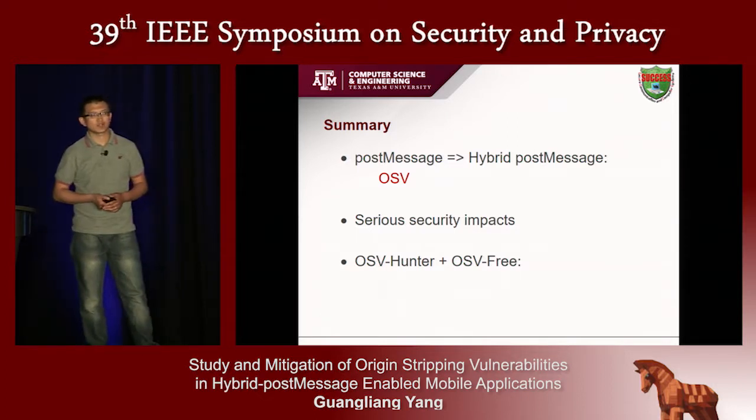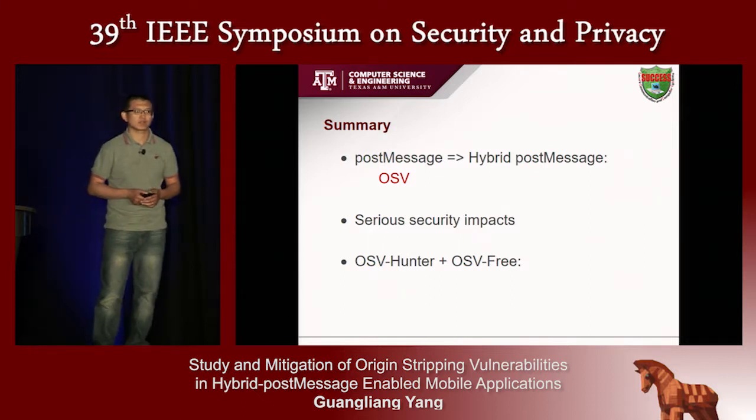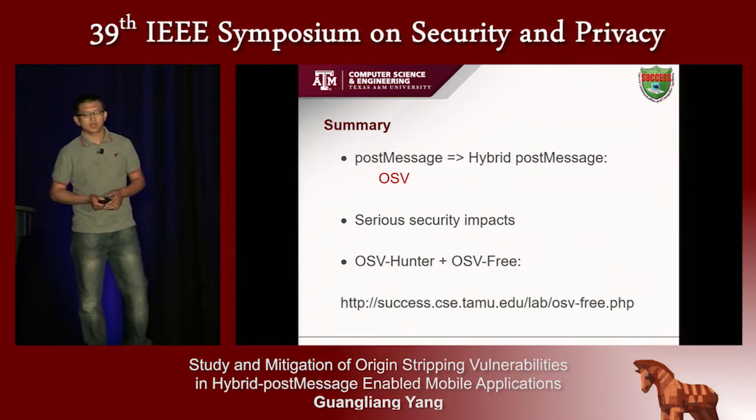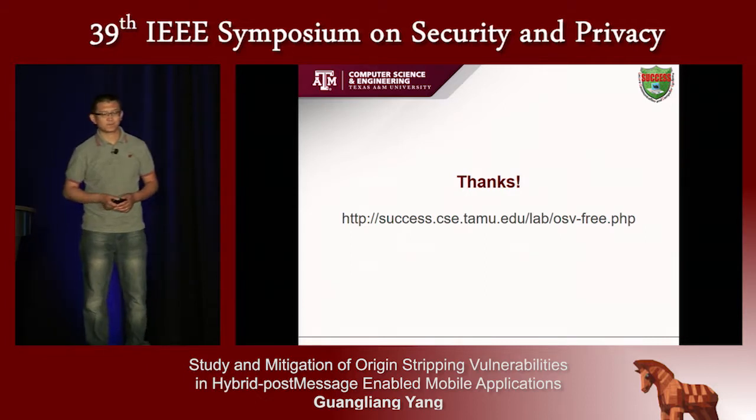In our research, we conducted a deep study of the problem and found OSV will cause serious security impacts. We also proposed two tools. One is a detector, OSV Hunter, and the other is a mitigation, OSV Free. Okay, thanks. I'm ready for questions.